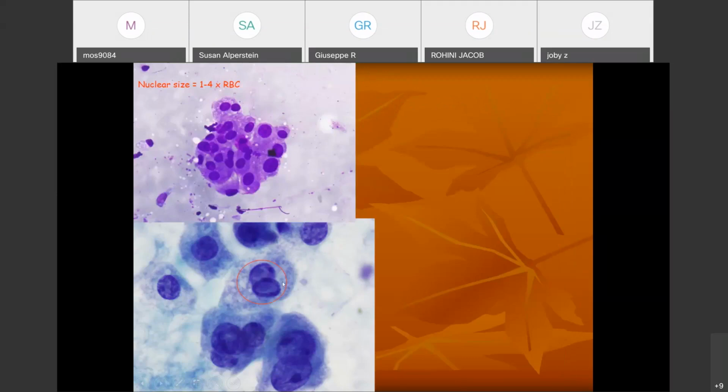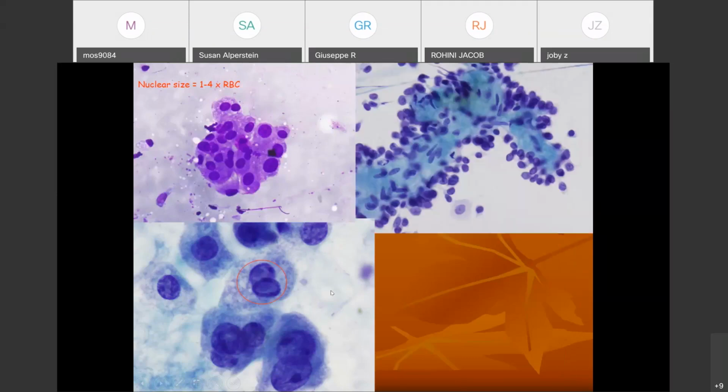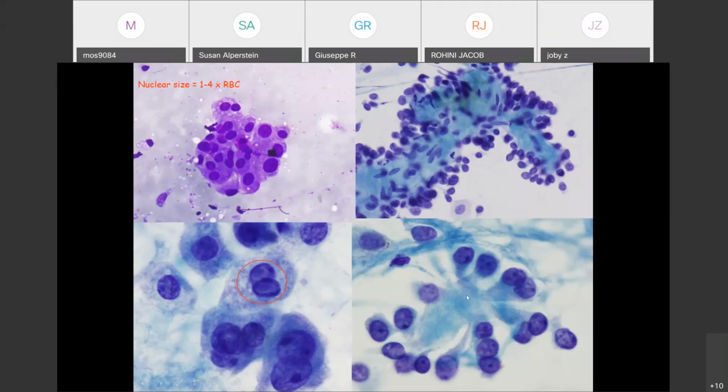However, in other parts of the slide, you have a different component. You have a mesenchymal component. So, this is actually diagnostic.